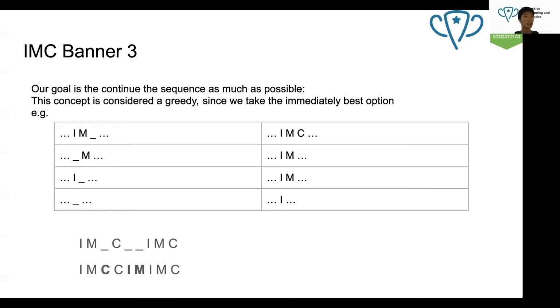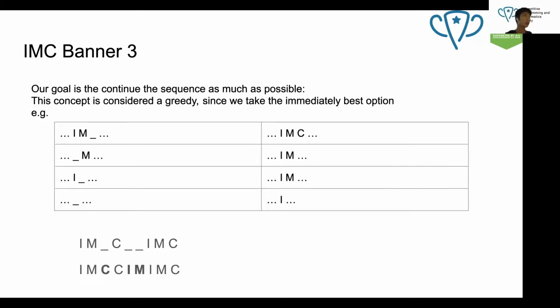If you see an I, an M, and then a space, you want to put a C there because that gets you one extra IMC. If there is a space and then an M, you want to put an I there because hopefully there is a C afterwards or a space. And if there is something else, there's no harm in putting an I.